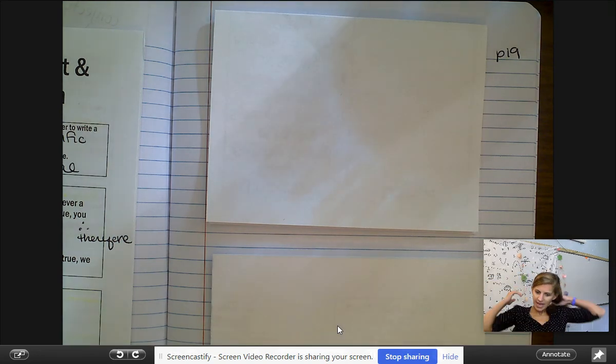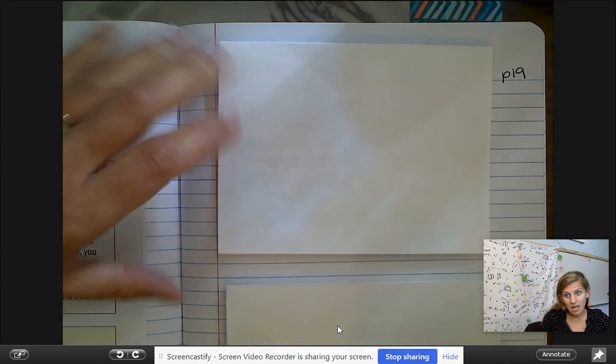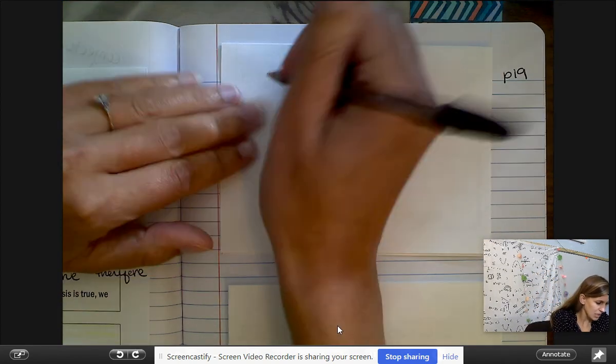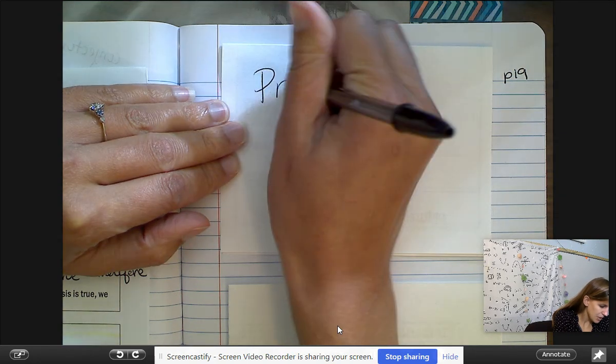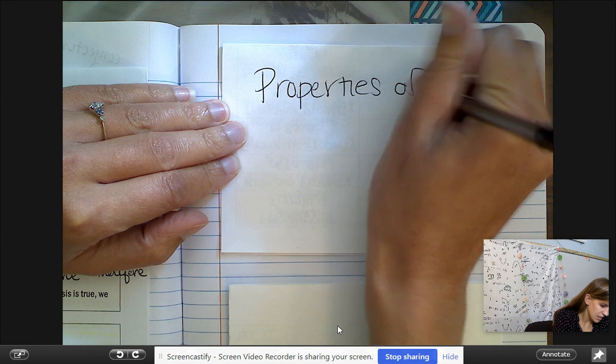So what we have underneath here are all of our different properties of equality. So let's label that. Properties of equality.